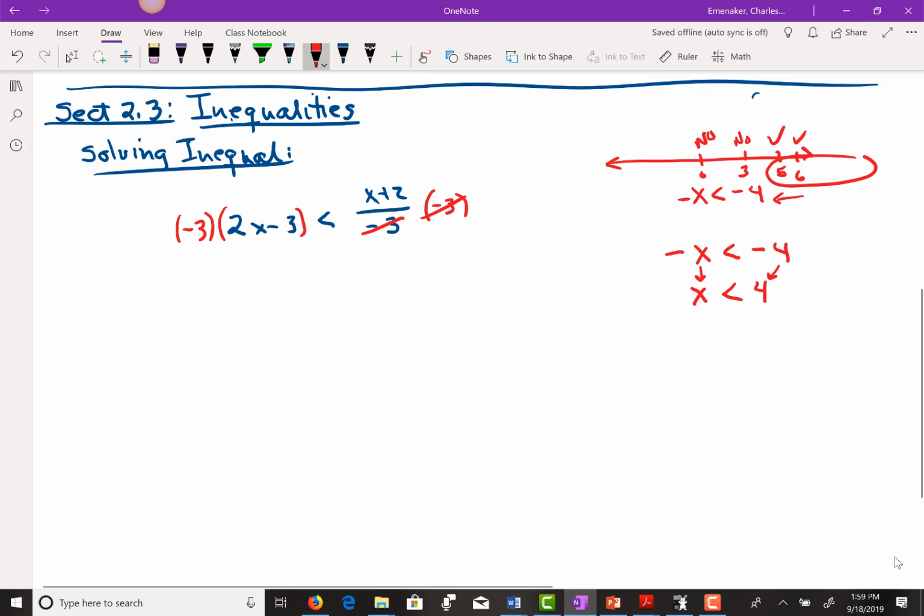Where do the answers live? 5, 6, 7, 8, 9, 10. They live at bigger than 4, don't they? So to keep this inequality telling us the truth, when we multiply both sides by the negative, you then have to do what to the inequality to keep things accurate? Flip it. Okay? So when you multiply by a negative, that's what's going on, to indicate that you've got to flip the sign. So this really is going to wind up greater than.